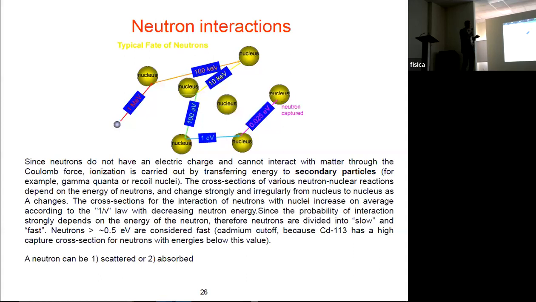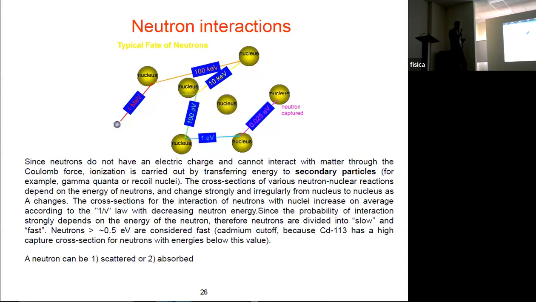We have to somehow characterize our neutrons, and we characterize them by energy. The simplest characterization is to divide them into two categories: fast neutrons and slow neutrons. From the detection point of view, that's the most simple way to distinguish between neutrons.